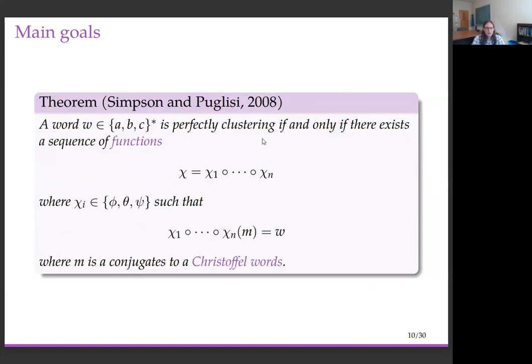Simpson and Puglisi already tried in 2008, and they obtained something on the ternary alphabet, the alphabet ABC, but their sequence wasn't made of morphisms. They only got functions. They got three objects, psi, theta, and phi. The first two, if you check their definition, are morphisms.